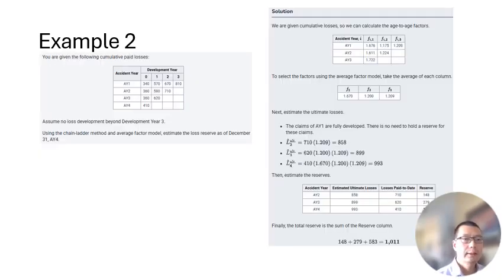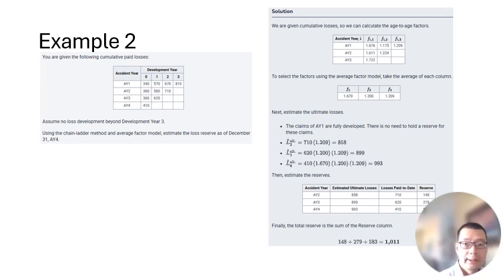Now let's look at this second example. You are given the following cumulative paid losses. Assume no loss development beyond development year 3. Using the chain ladder method and the average factor model, estimate the loss reserve as of December 31st, AY4.